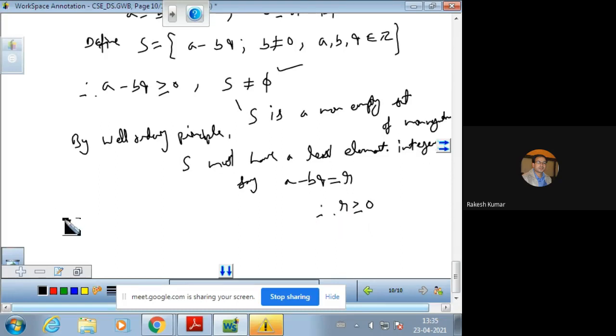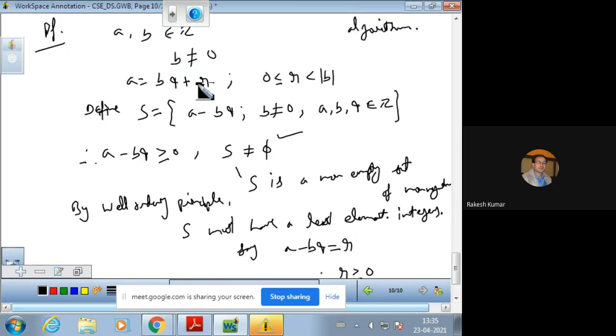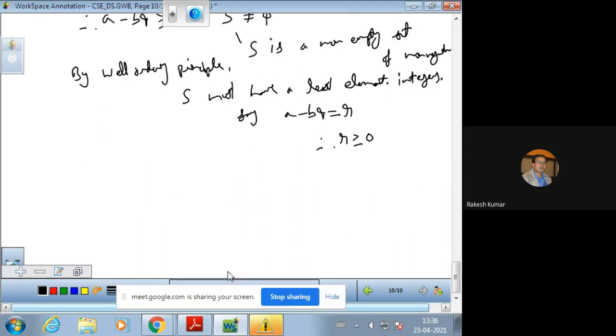And we claim r अगर 0 से बड़ा है तो डिवीजन एल्गोरिथम प्रूव करना हमने. दिस वन डिवीजन एल्गोरिथम के लिए r तो ग्रेटर देन और इक्वल टू 0 आ गया, तो क्या r लेस देन b मॉडुलस है? दिस इज वी नीड टू प्रूव. सो वी want to prove or we claim, एक ही बात है, r is less than b of modulus absolute value. उल्टा मान लेते हैं क्योंकि हम जनरली वेल ऑर्डरिंग में कॉन्ट्रडिक्शन प्रोसेस यूज कर लेते हैं.